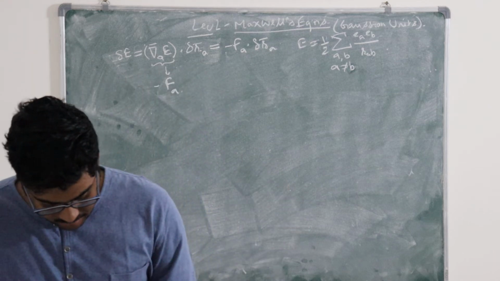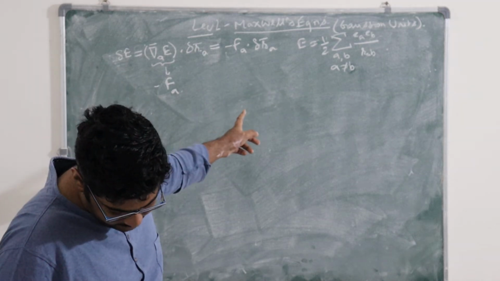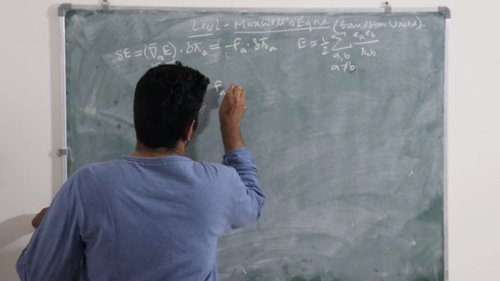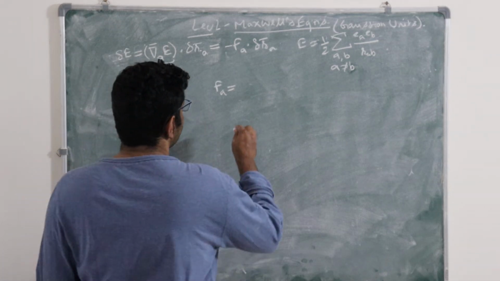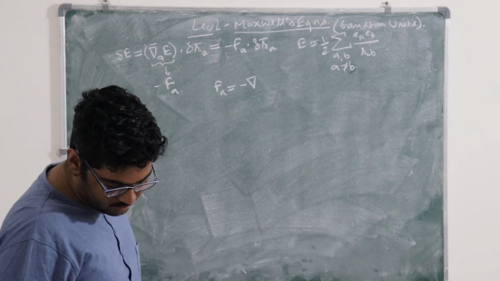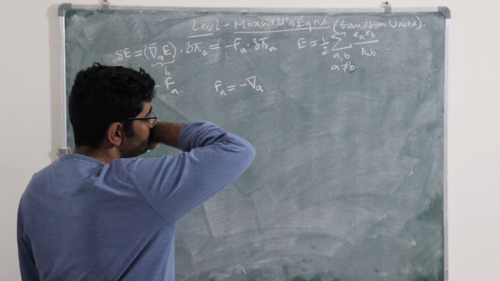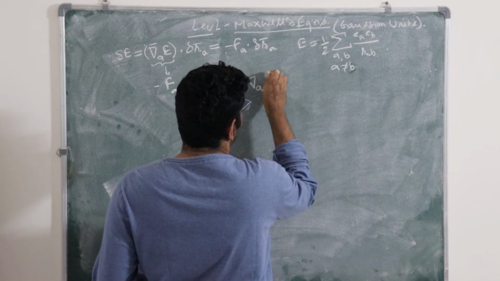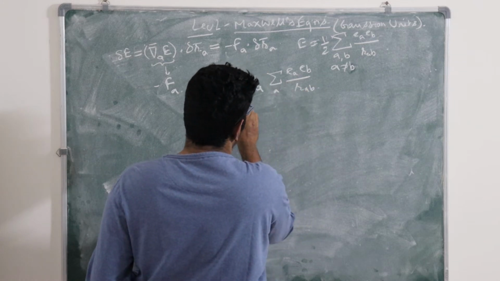So we have this equation, and if we compare that, we could write F A as basically the gradient with respect to A of summation over B of EB by RAB.